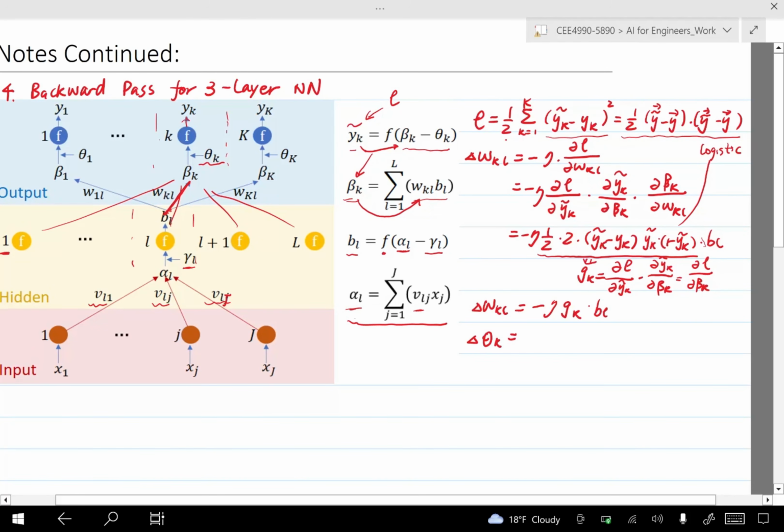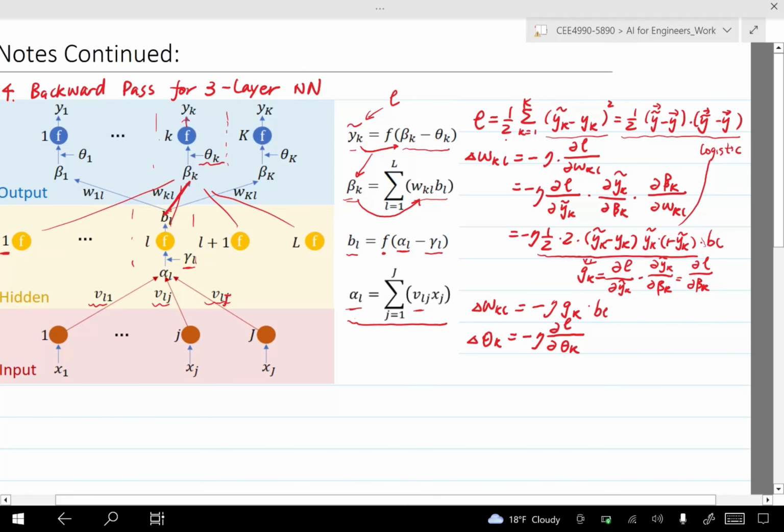Again, delta theta KL, we are still talking about gradient descent. So we still have eta. The change of any parameter is proportional to the derivative of the loss function, partial L, with respect to the parameter itself. So here should be partial theta KL. Then take a look to see how to move from L to theta, so we can figure out how to use the chain rule. Here, L is a function of yk, yk is a function of theta.